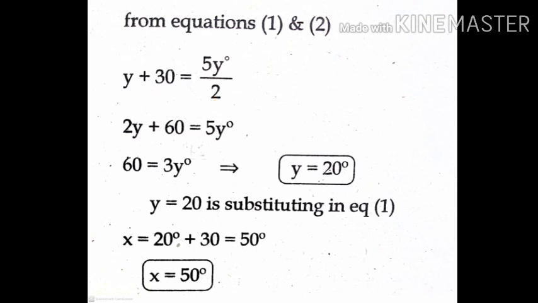Next step, 60 degree is equal to 5y degree, the plus 2y degree moves to the right side, minus 2y, 5y minus 2y is equal to 3y degree. That implies 3y is 60, y value is 20 degree. Now y value 20 degree is substituted in equation 1. X is equal to 20 plus 30, that is equal to 50 degree. Therefore, x value is 50 degree.